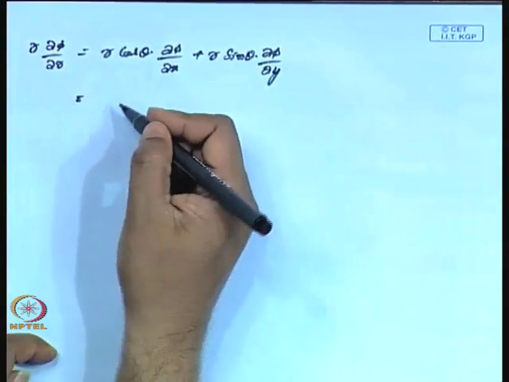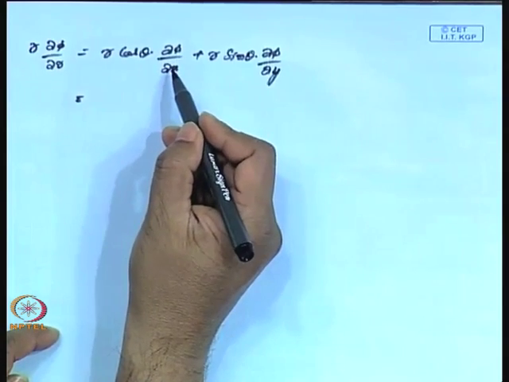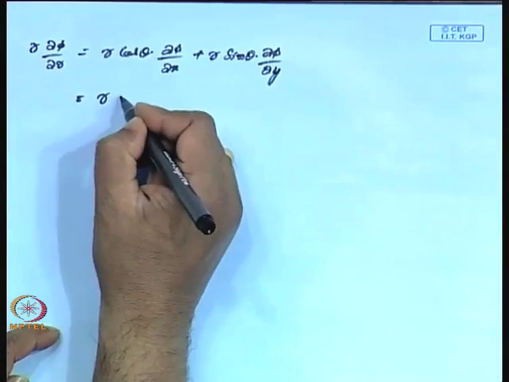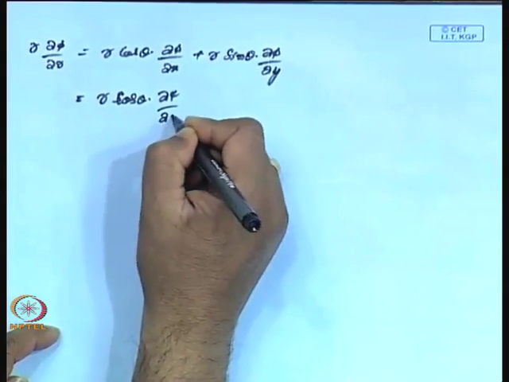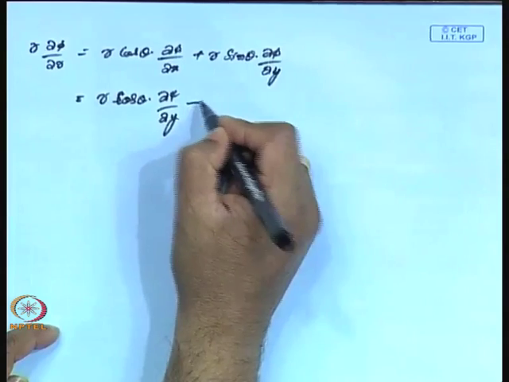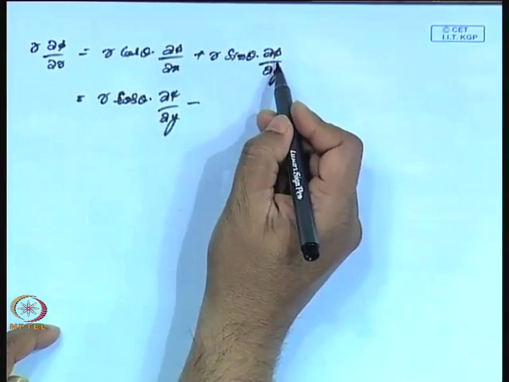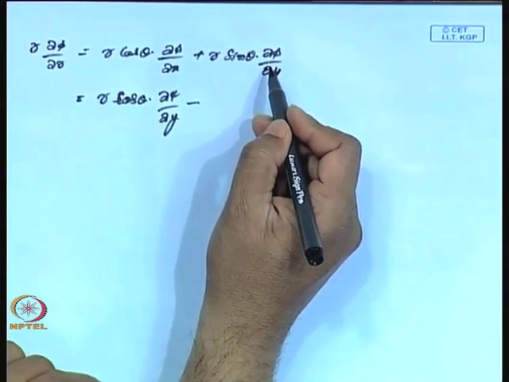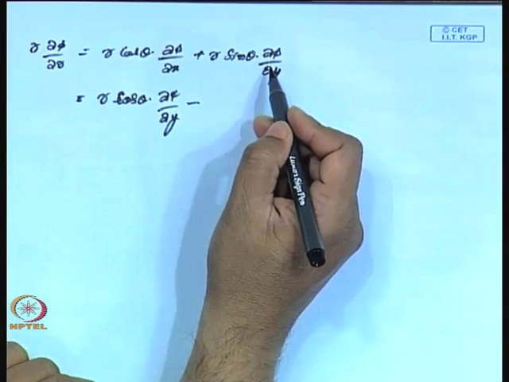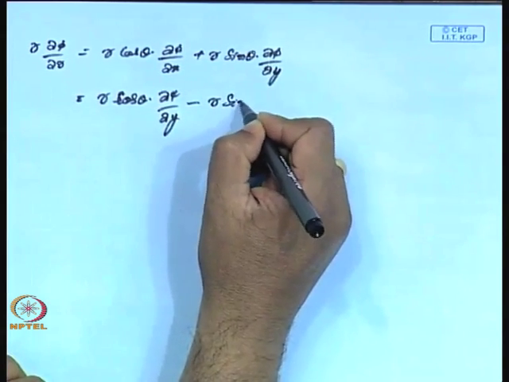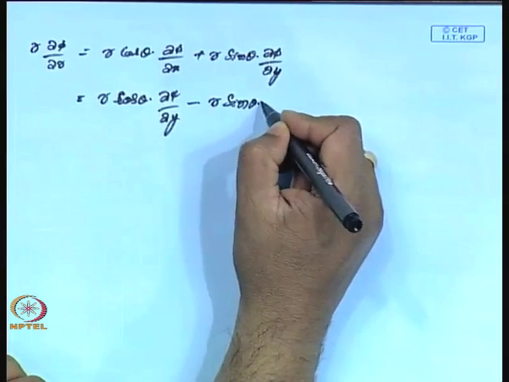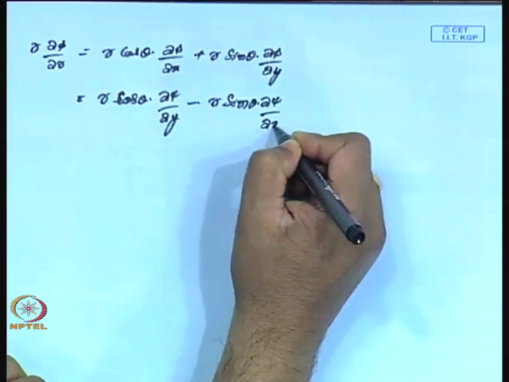Now, del phi by del x is del psi by del y, so I can write r cos theta del psi by del y. Then del phi by del y is minus del psi by del x. So this is minus r sin theta into del psi by del x.